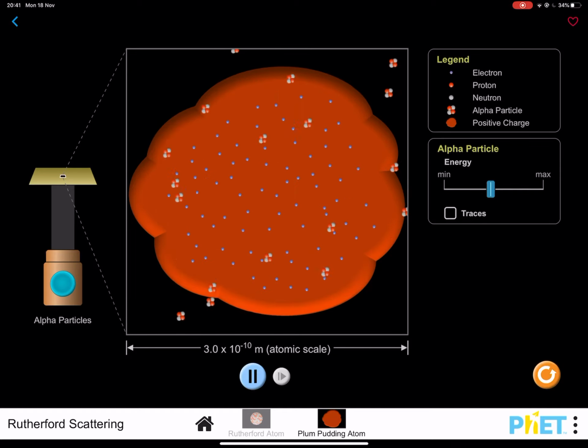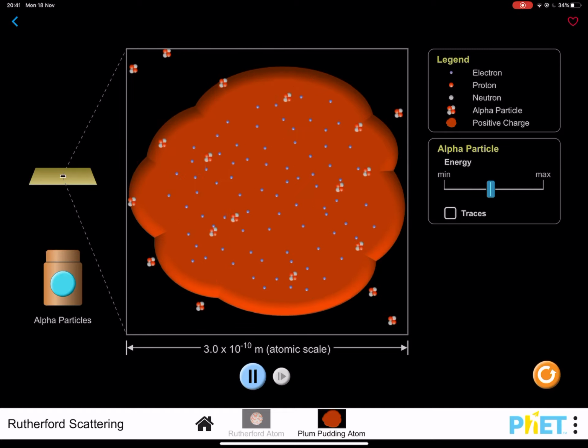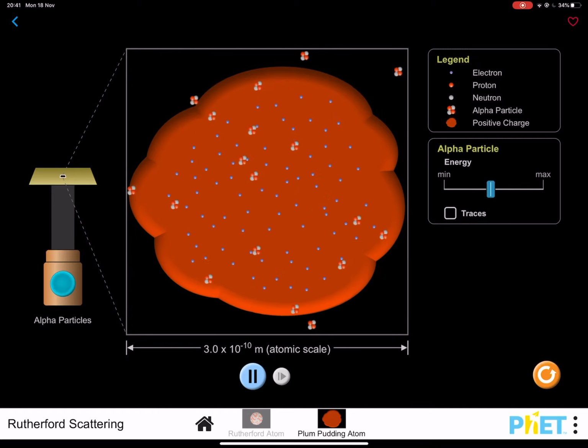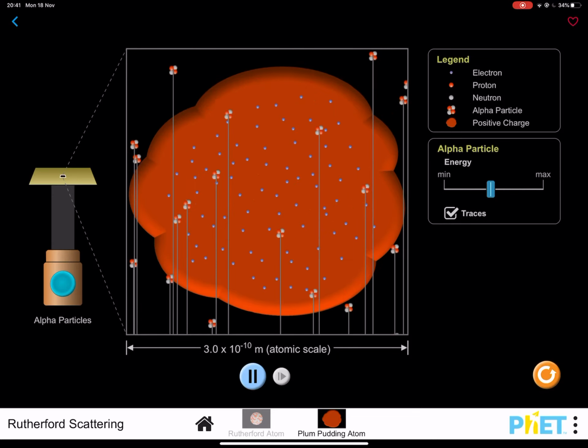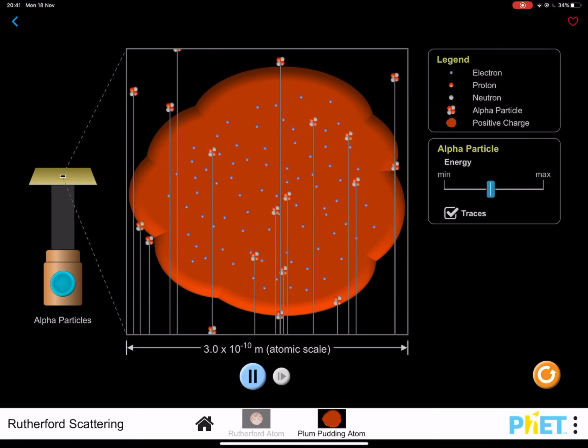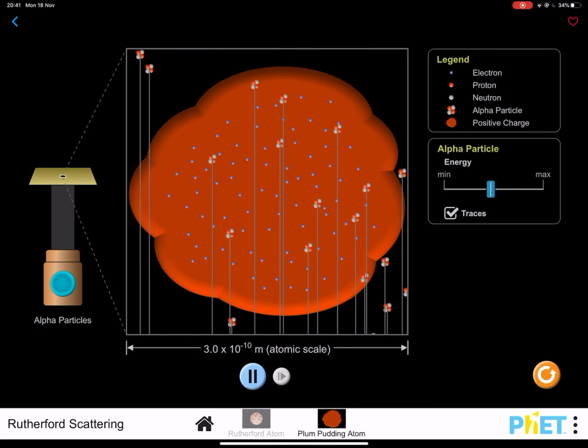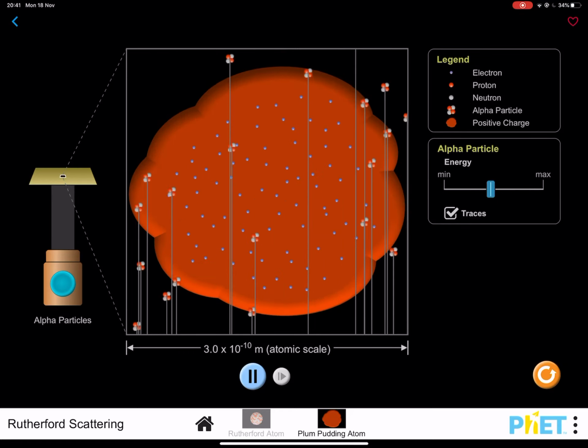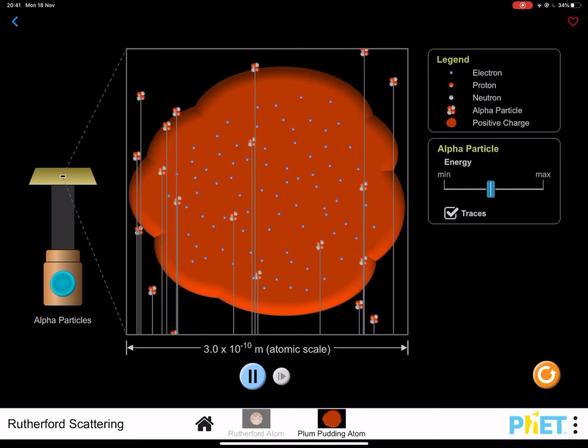This is what was hypothesized with the plum pudding model. To the left, you can see where I'm switching the alpha particles off and on. I switch them on, they're fired at the gold foil, and this is what was expected. If I put tracers on the alpha particles, you can clearly see that they are not deflecting. So this is what was expected.